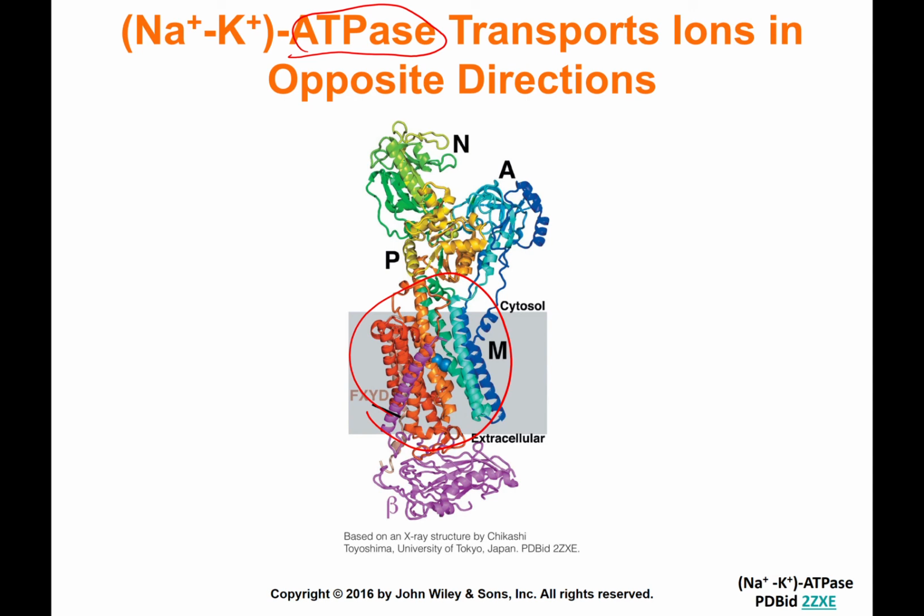But it's also got domains here in the cytosol, where ATP is going to bind to the protein. ATP binding and the hydrolysis of ATP are going to cause conformational changes in the protein that allow it to do this transport.